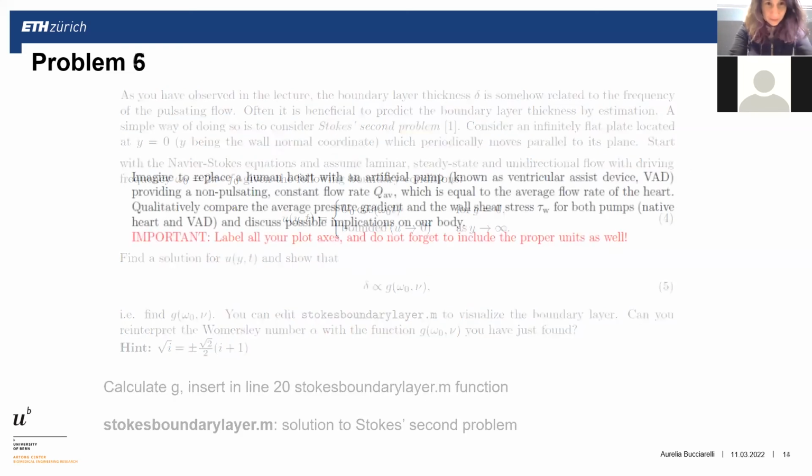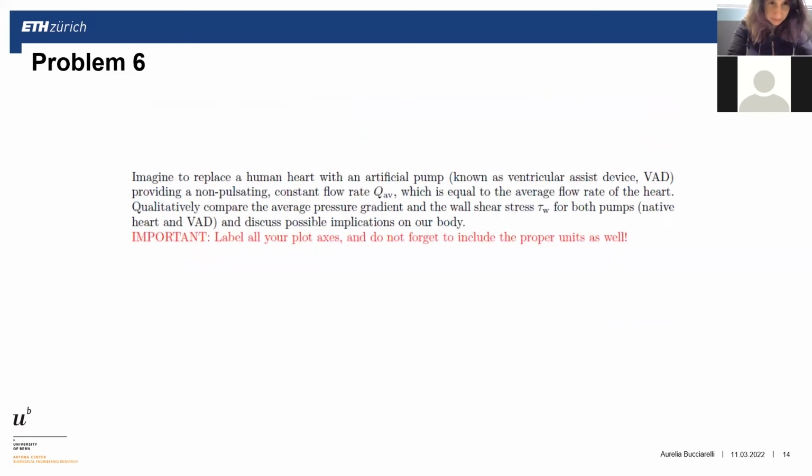And the last one is more a thinking question. Nothing to simulate, you don't need to plug anything in. It's like, if we replace our human heart with an artificial one, which normally doesn't have a pressure, so it doesn't have this frequency. It's like constant flow. What happens? What are the differences to our heart?